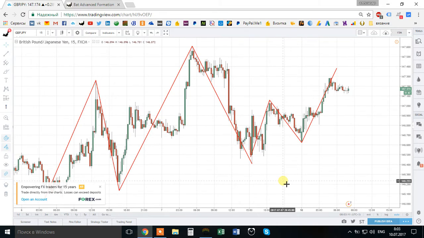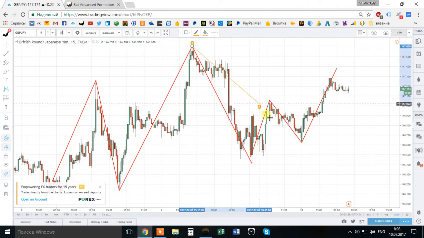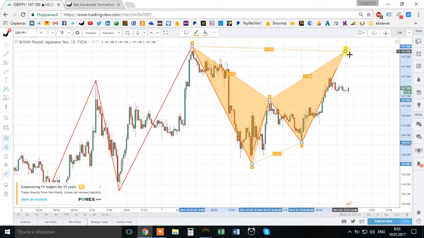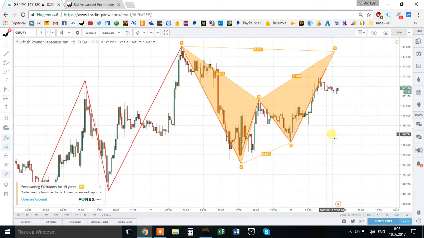Okay, so now let's go into details. To draw that pattern, you need to take that XABCD pattern tool and draw it this way. X to A to B, B to C, and the D point completion place somewhere here. We'll talk about it a bit later.